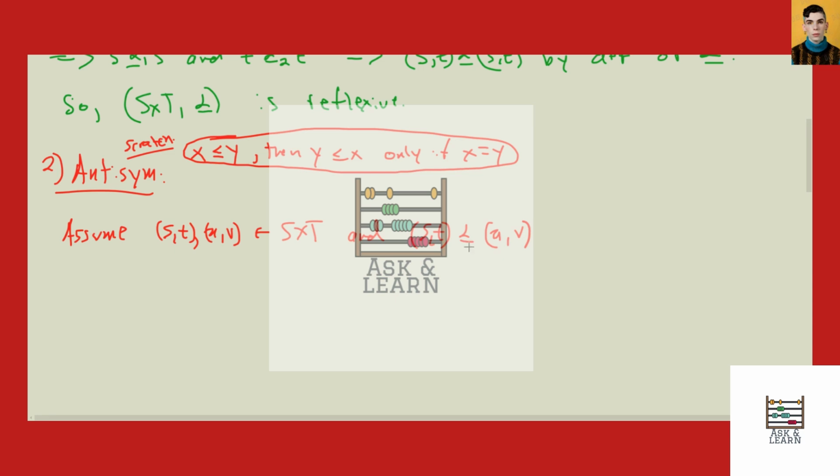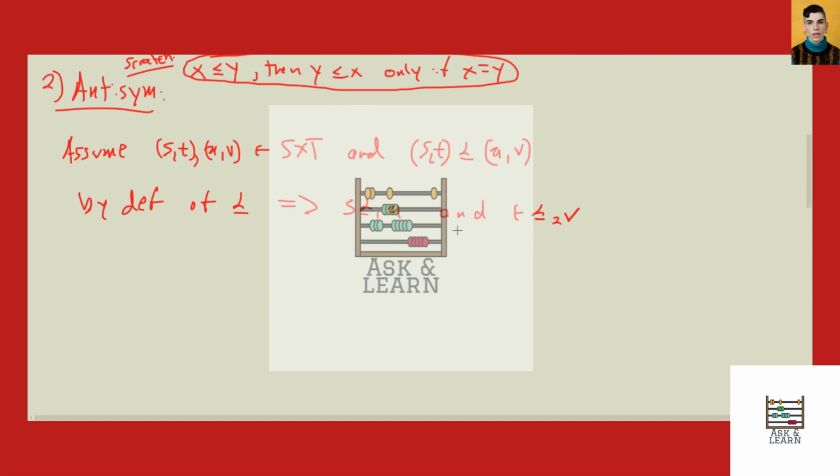Well, by definition of our ordering, this implies that s is less than or equal to u with respect to that first ordering, and t is less than or equal to v with that second ordering. And we know that this will only be the case, since S and T are posets, if they are equal.